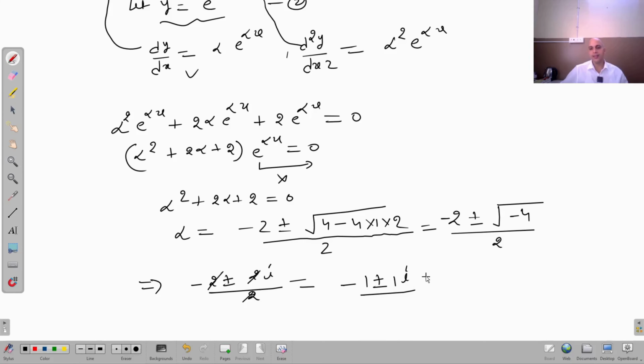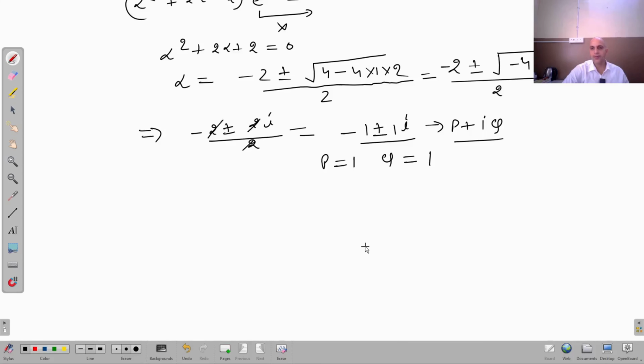So I can write it in the form of P plus iota Q, right? Here P is equal to minus 1 and Q is equal to 1, right, in this equation. So you can see here, now when I took in this way, that is the first case, I took minus 1 plus iota.